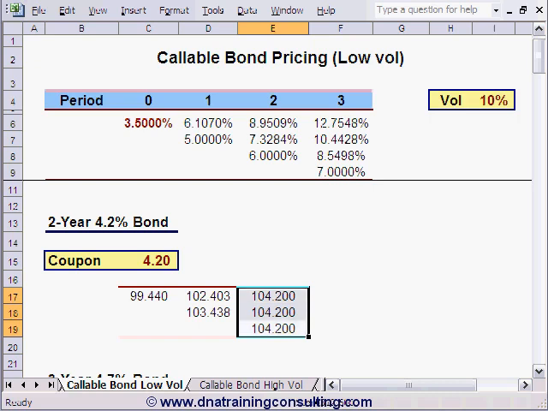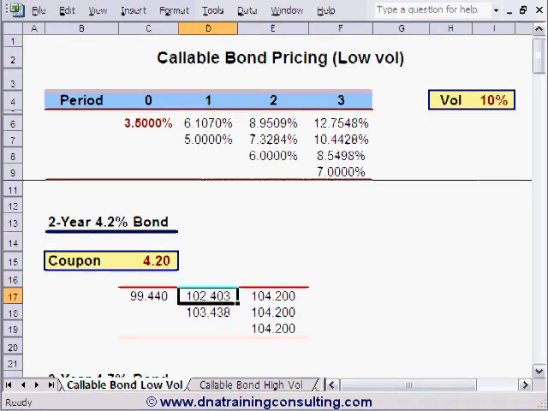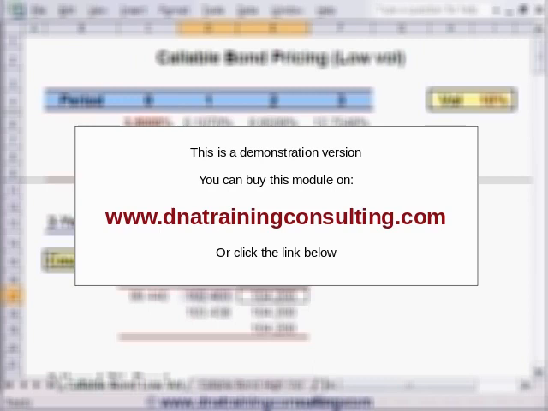Taking another page out of the binomial tree approach from FX options, we now focus our eyes on cells E17 and E18, and then on cell D17, their predecessor in time, so to speak, and we model the clean price of this bond 1 year ago as simply the discounted PV of the arithmetical average of the values in cells E17 and E18, as you can see if we open the formula.